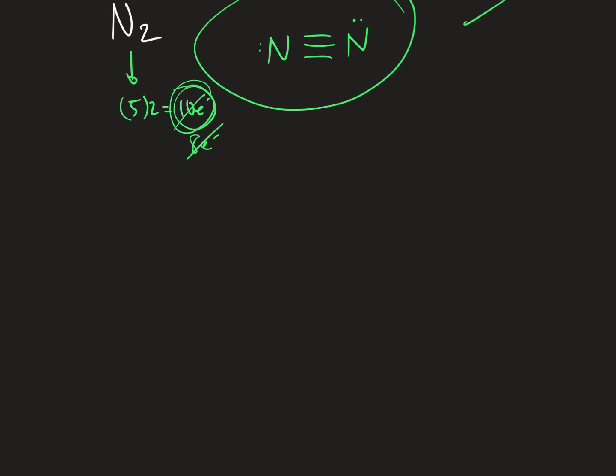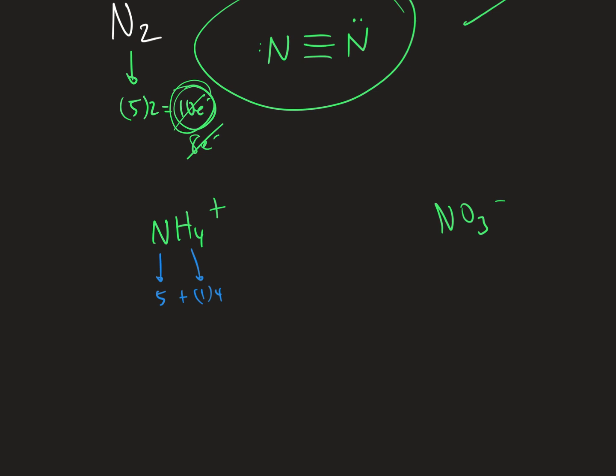Let's do polyatomic ions, because those are covalent compounds, right? So let's do NH4 plus and NO3 1 minus. Okay, let's do ammonium first. Count the valence electrons. We have 5 for nitrogen, 1 for hydrogen times 4. And that's a total of what? 9.